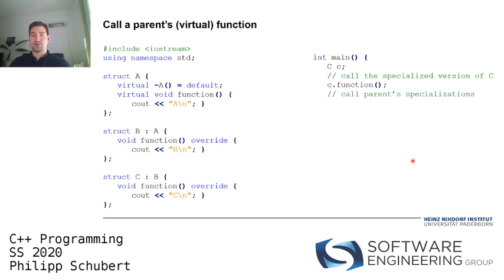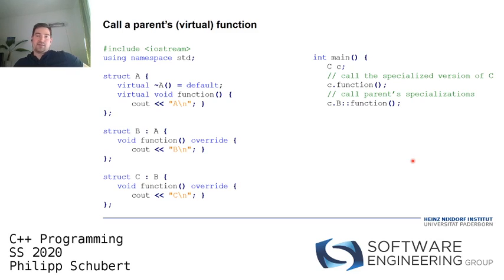However, it's also possible to call one of the parent's specializations. How you would type it is c dot and then the name of the parent's class or type, which here B, for instance, is chosen, and then colon colon and the member function's name, which is function here.